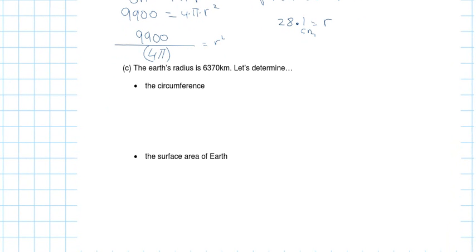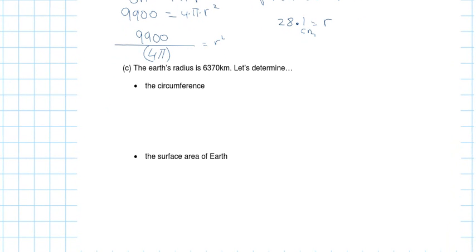Circumference is a perimeter, yes, but perimeter is only for 2D shapes, right? So I'm looking at literally that circle at the equator, how long it is. Is it still 2 pi r? It is. It's not going to change.